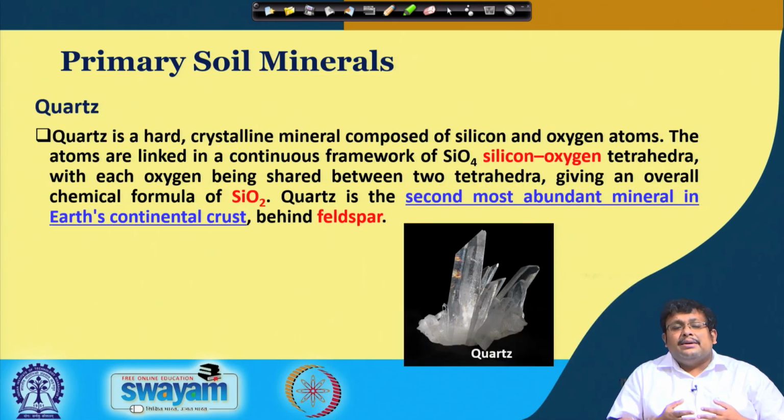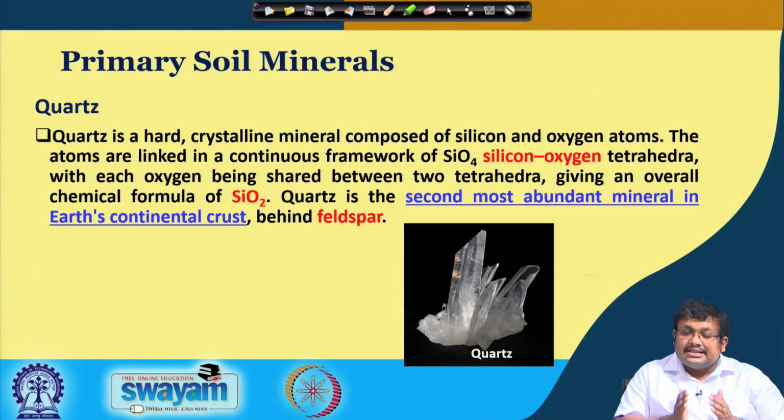The second most abundant mineral in the earth crust is quartz. Quartz is a hard crystalline mineral composed of silicon and oxygen atoms, and the atoms are linked in a continuous framework of SiO4 silicon oxygen tetrahedra, with each oxygen being shared between two tetrahedra, giving an overall chemical formula of SiO2.